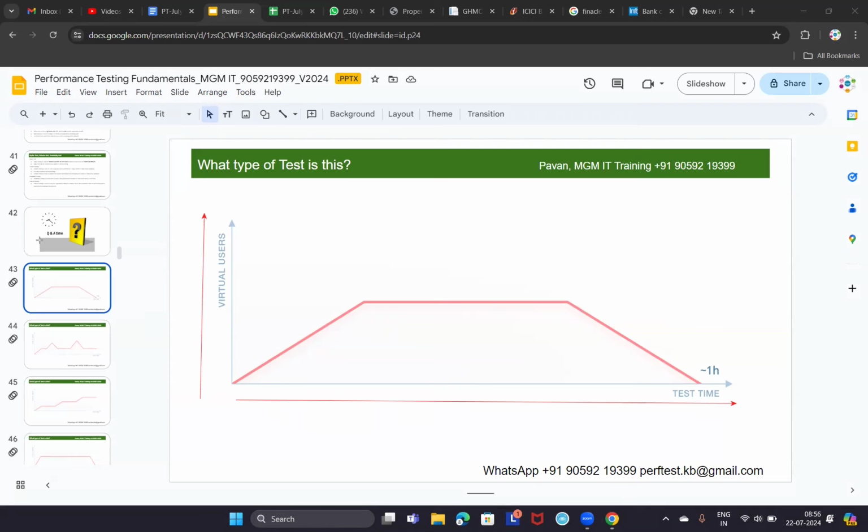Observe here, on the x-axis we always represent the test duration, the test time, and this is 1 hour.